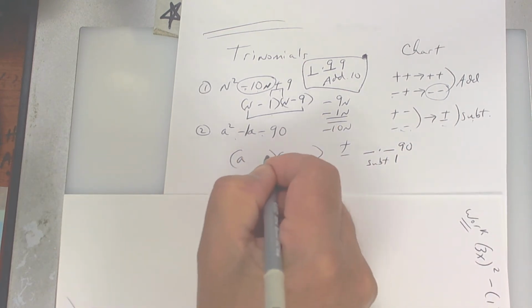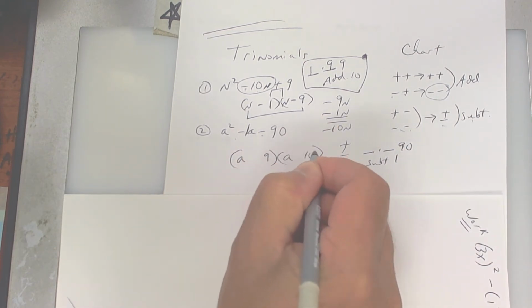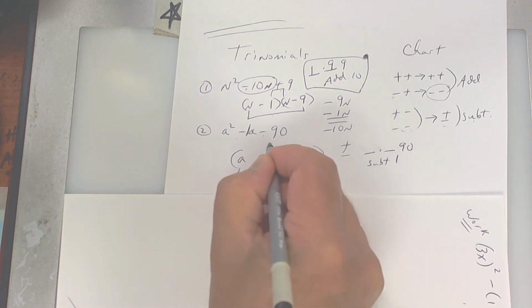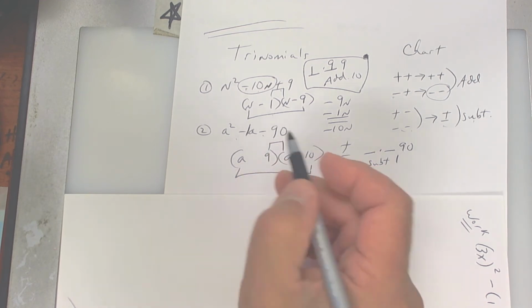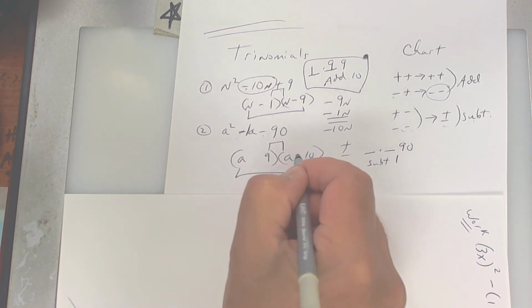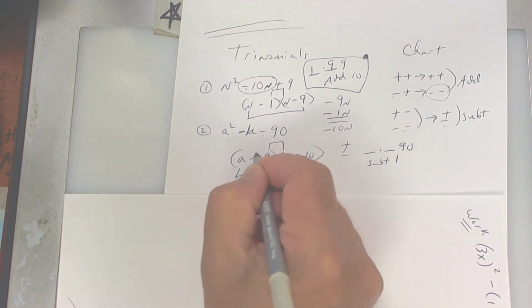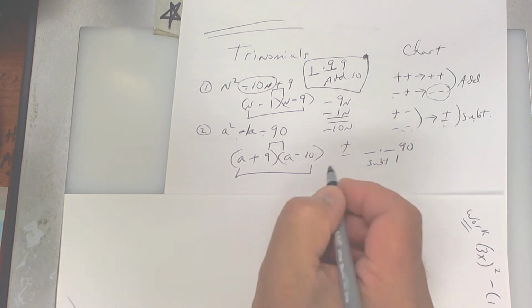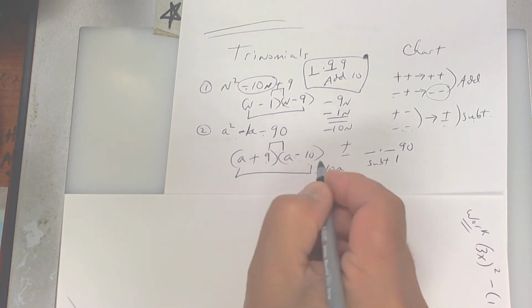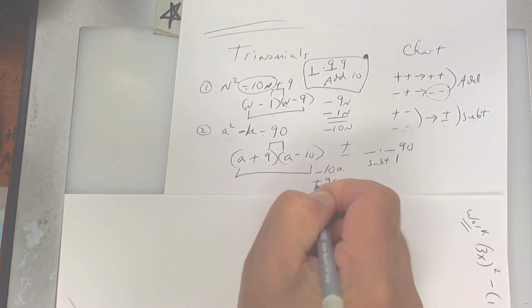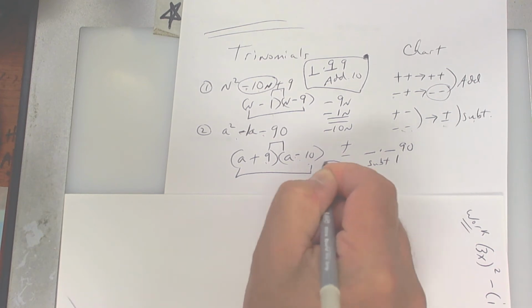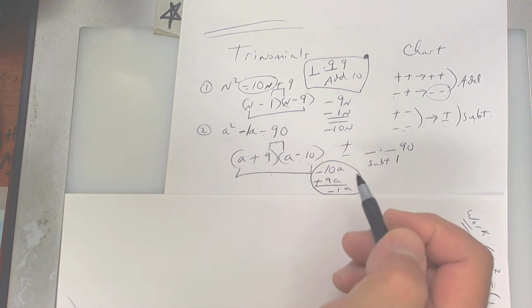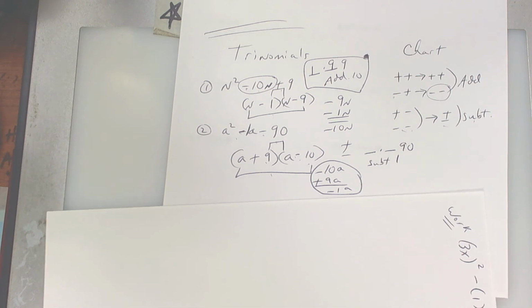So it's going to be a plus 9, a minus 10, because that gives you 10a and 9a, and when you subtract. Now, the middle term's a negative, so you want that with the bigger one, and that's going to give you a negative when you check it. Okay, so you get a negative 10a and a positive 9a, and that gives you a negative 1a. And if I don't see that, or the brackets, then you didn't do what you were supposed to do.